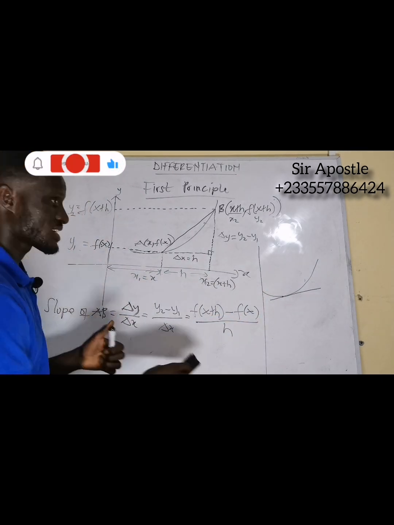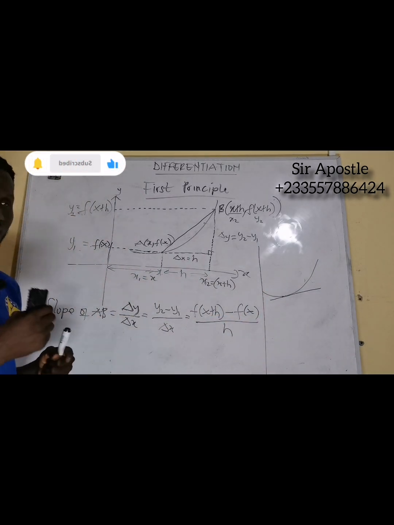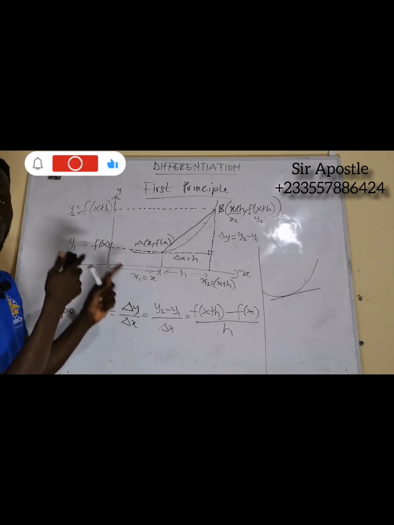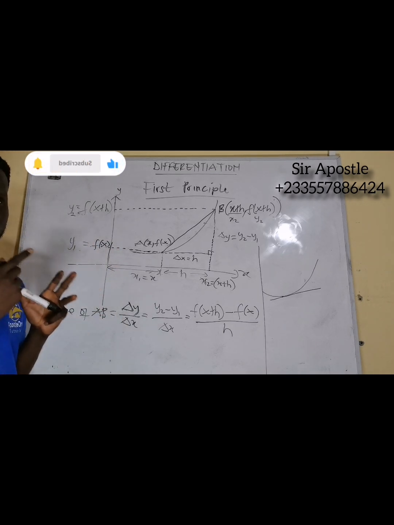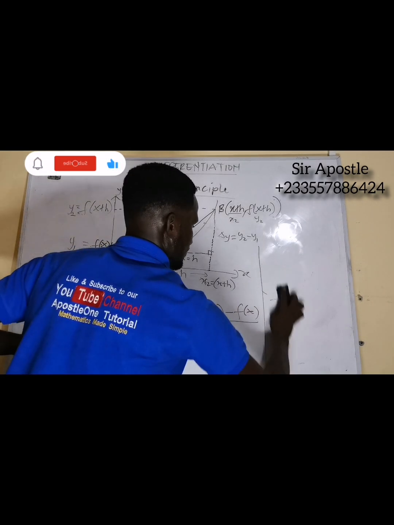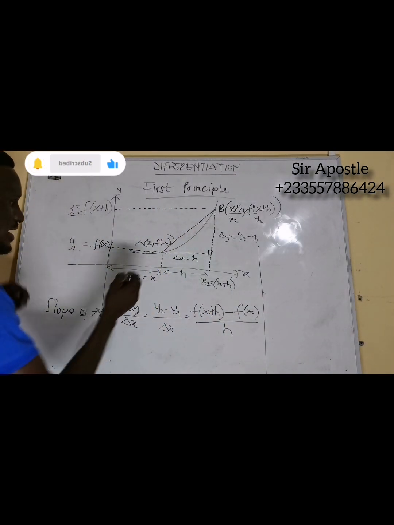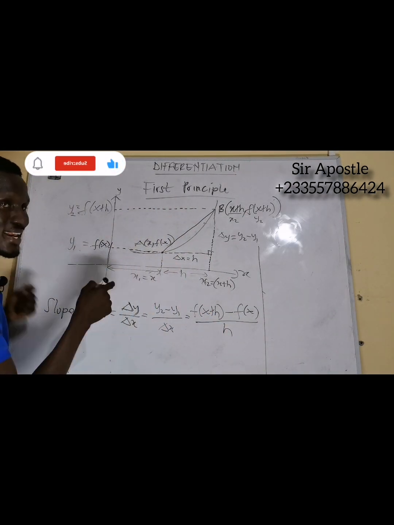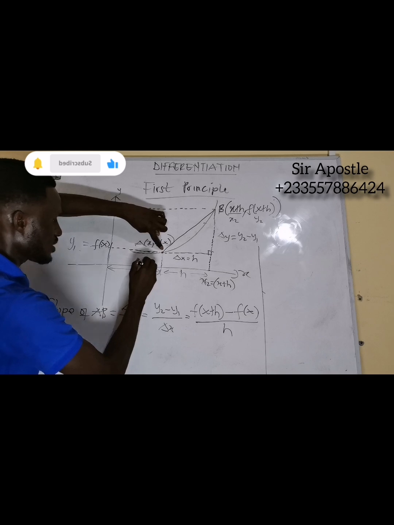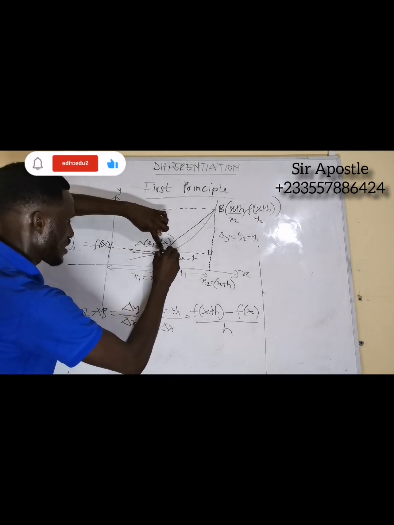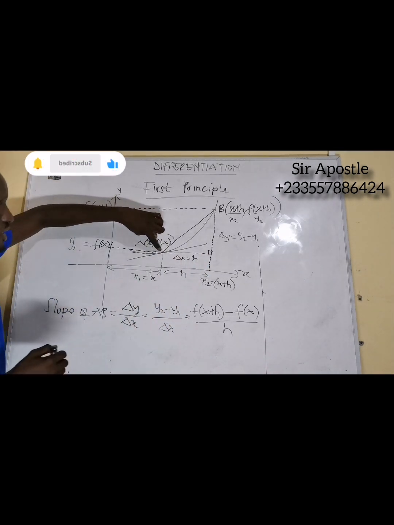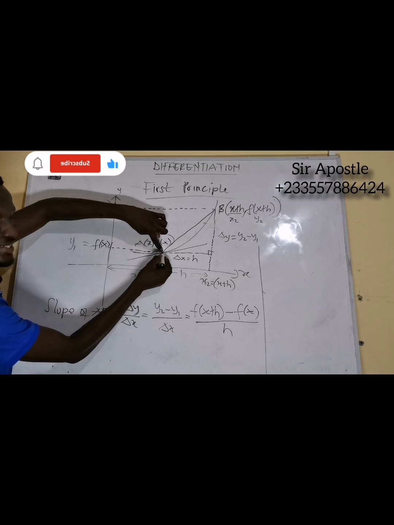So let me draw a straight line here, and that straight line is supposed to touch A because I'm looking for the gradient at A. So this will be my straight line.